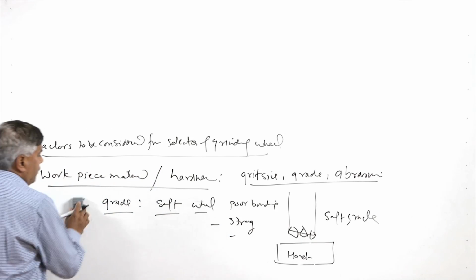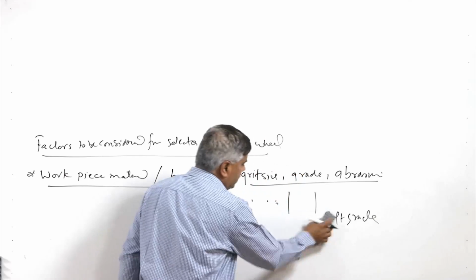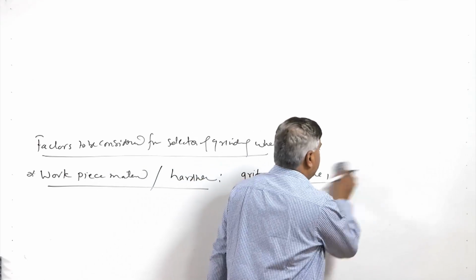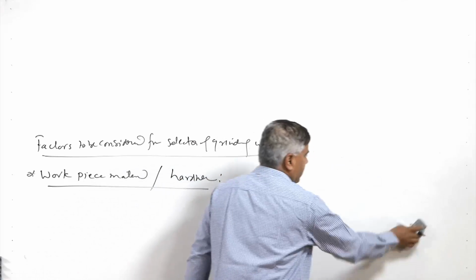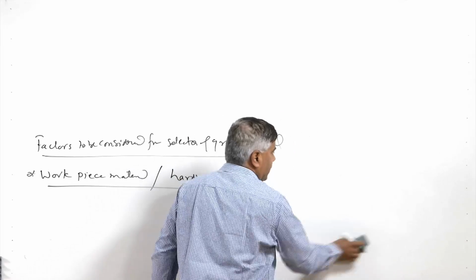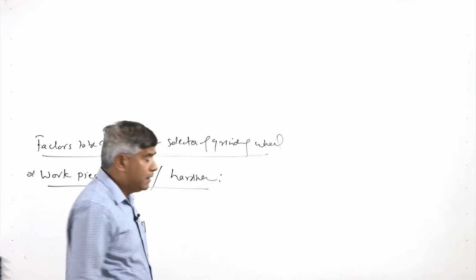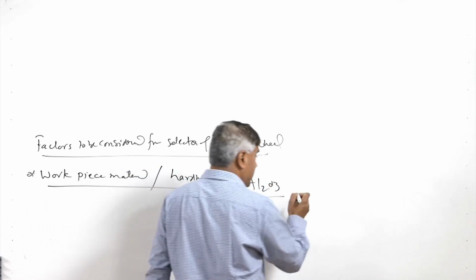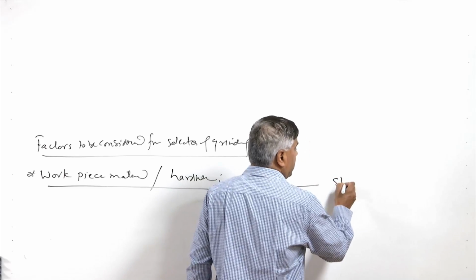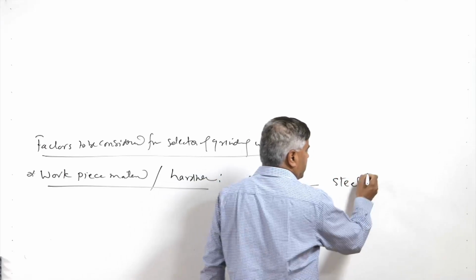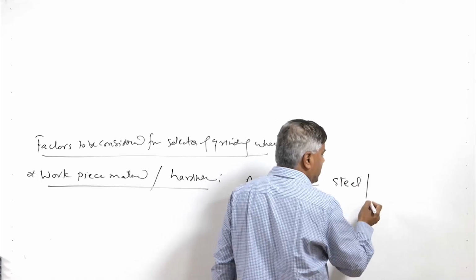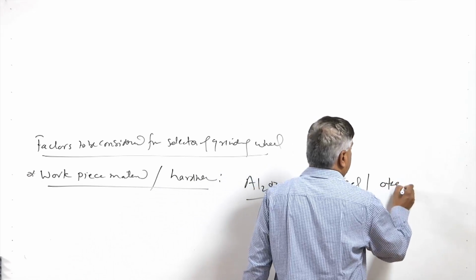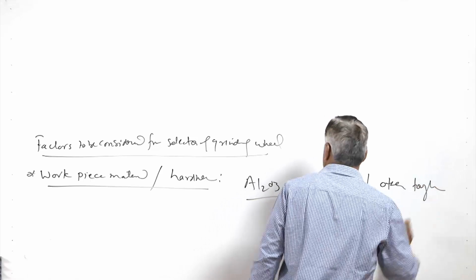Now, tough abrasives are used with tough materials and hard abrasives are used with hard materials. If we consider the relationship, alumina, Al2O3, is hard as well as of very good toughness. That is why it is used for tough materials like steels, which produce ductile chips, and other tough metals.